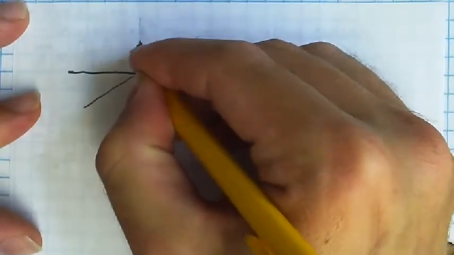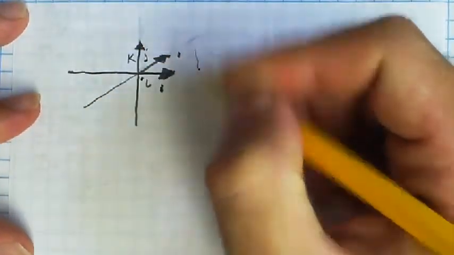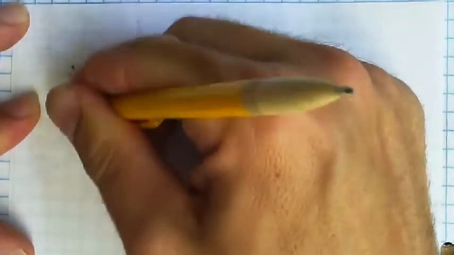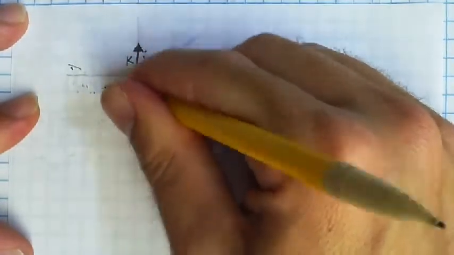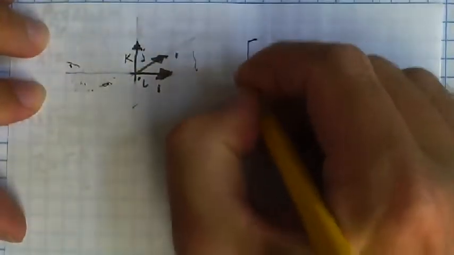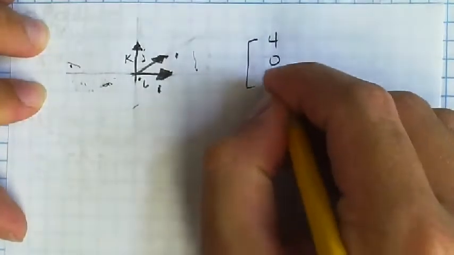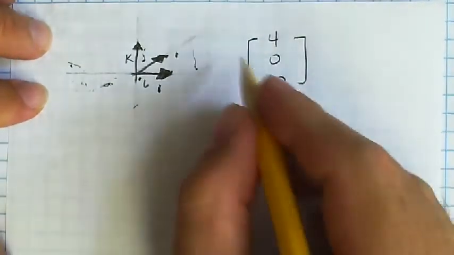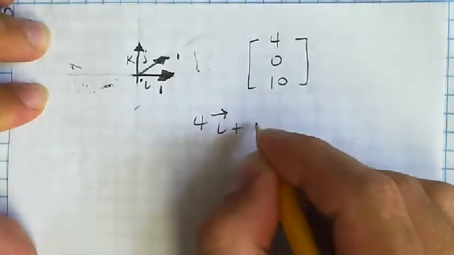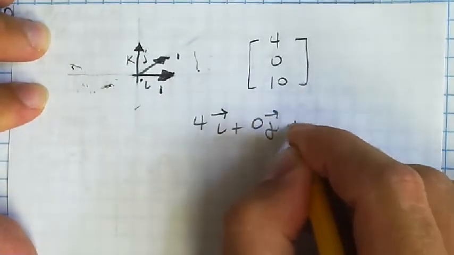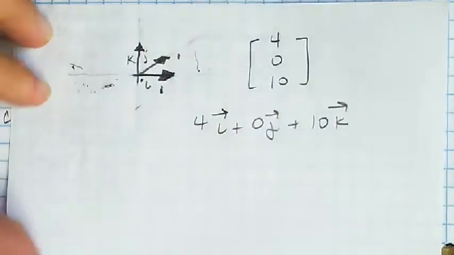And then k is the unit vector in the z direction. So ijk is like that. It's not the best drawing ever. And a given vector like 4, 0, 10 can be written as 4i plus 0j plus 10k.